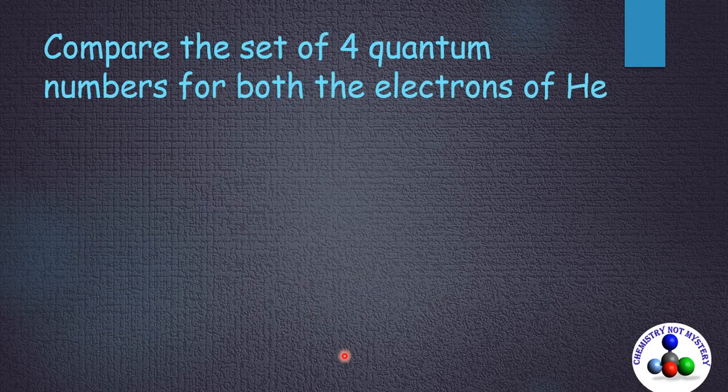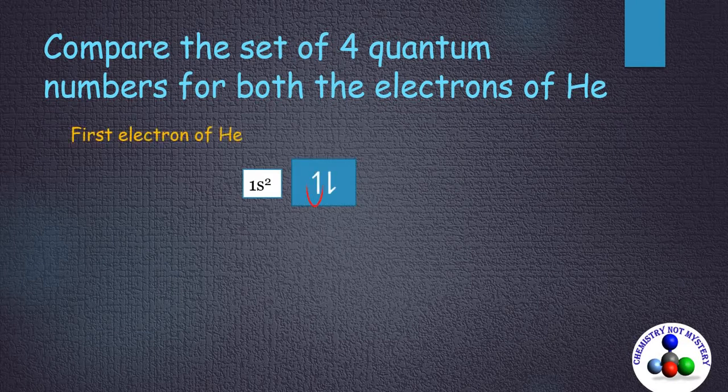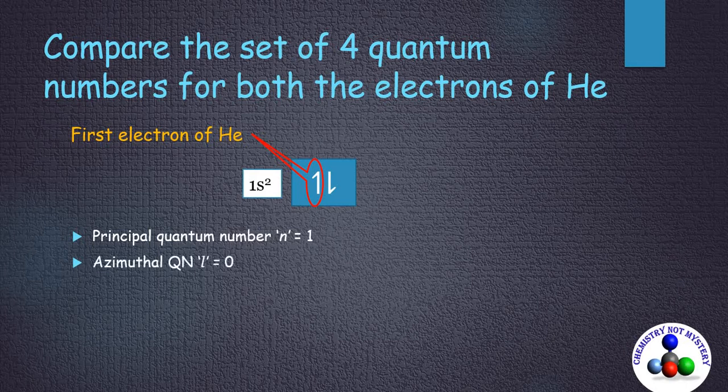Now try to assign quantum numbers to both of the electrons of helium and then compare them. Electronic configuration of helium is 1s2. Now place them in an orbital. Can you spot the first electron of helium? For it, the principal quantum number will be 1, azimuthal quantum number will be 0, magnetic quantum number also will be 0, and spin quantum number will be +½.